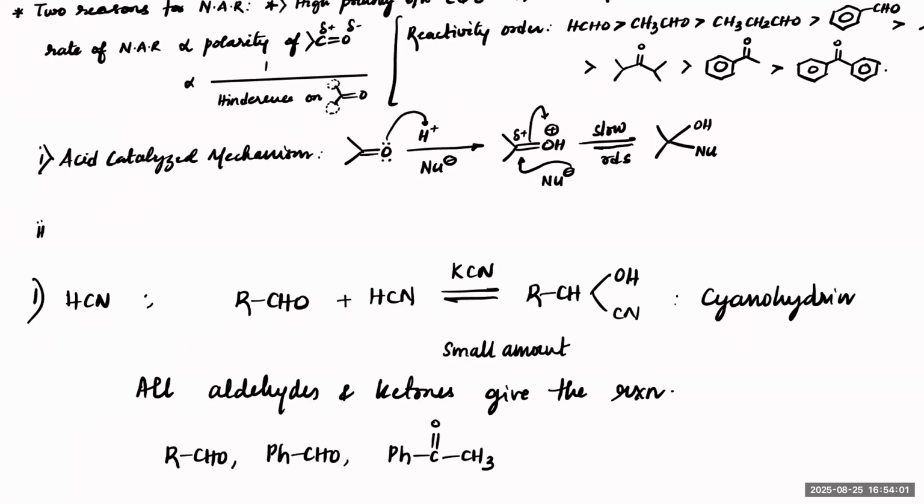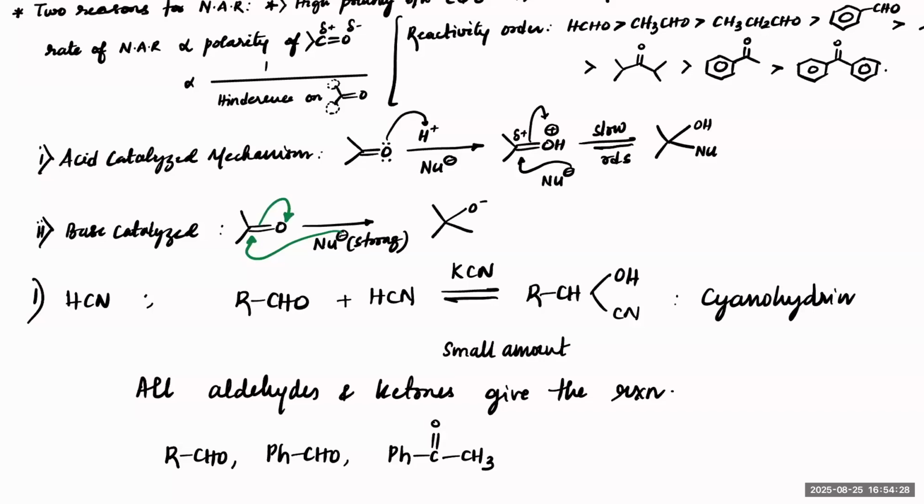Now, suppose there is a base catalyzed form, how does it go? Directly, you have a stronger nucleophile, since base catalyzed usually means we expect a stronger nucleophile. It will attack the carbon directly, this bond will break, and you will get O minus and Nu, and this itself is the rate determining step. Thereafter, when you react with water, you get OH and the nucleophile.